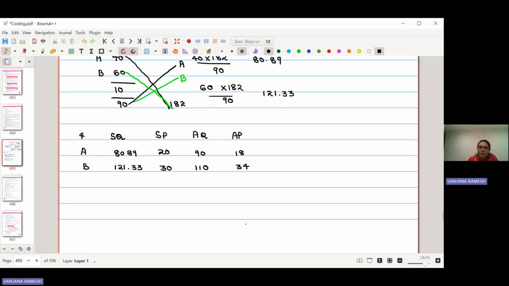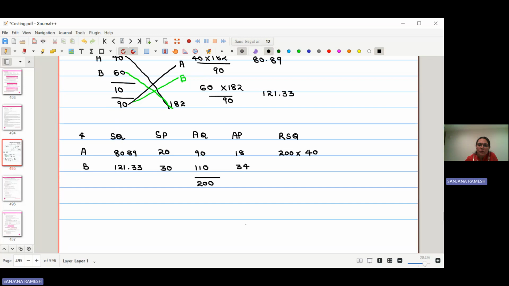So we have to add this actual quantity total. So we will get that as 200. And then we have to make one more column to get all the variances. So that is a revised standard quantity. So we have to revise this actual quantity in the standard ratio. So the actual quantity total is 200 and the ratio is 40% and 60%.